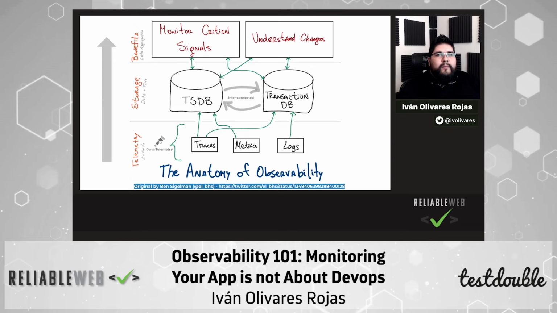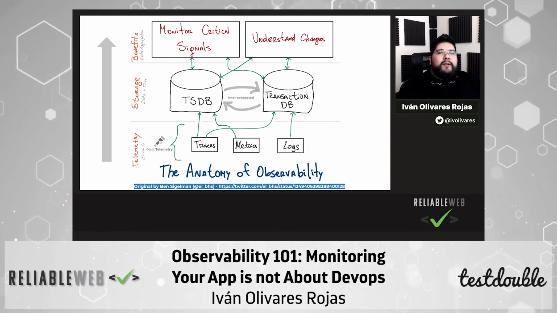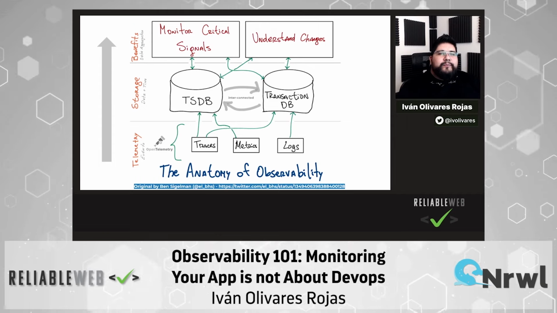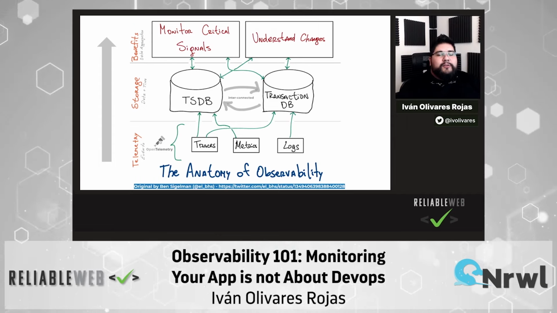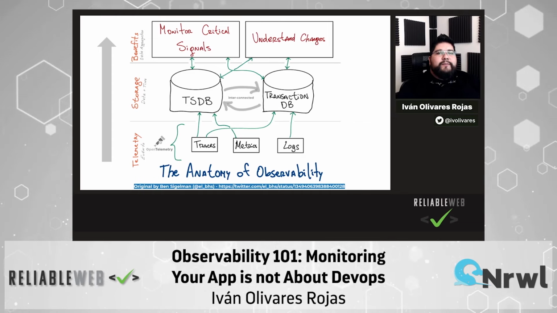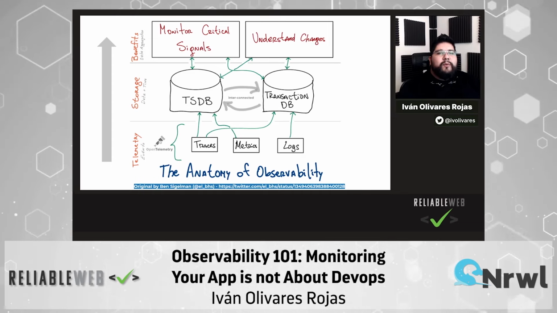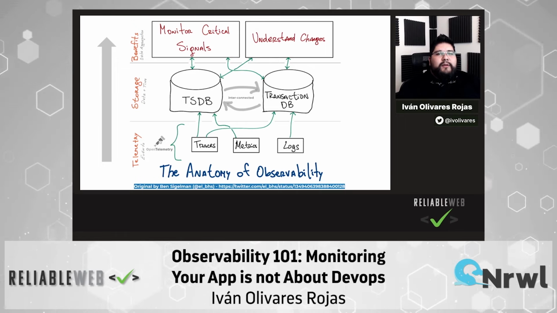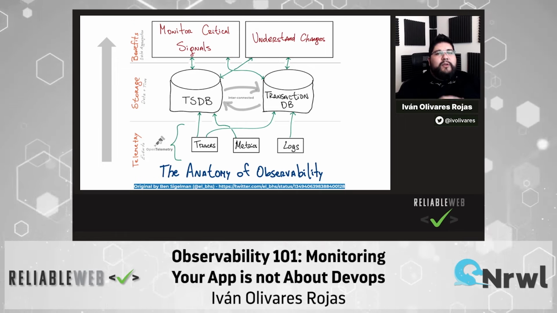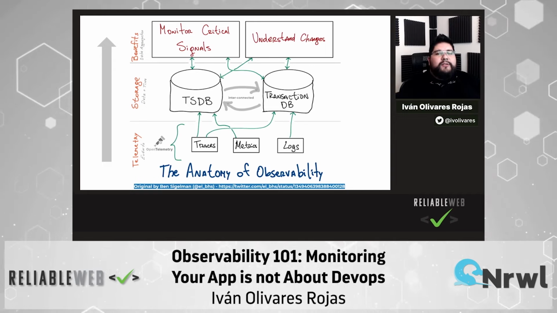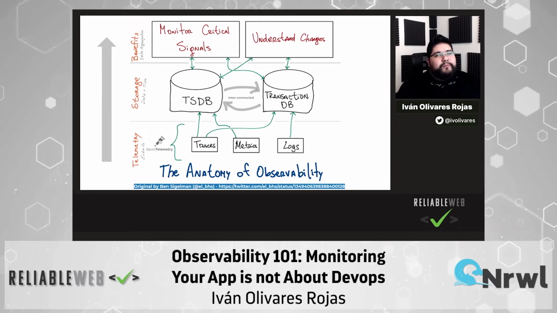One of the creators of OpenTelemetry has this graphic that I quite like to explain in a simple way the anatomy of observability. In this graphic, we can distribute in 3 layers telemetry, storage, and the benefits from less to more.